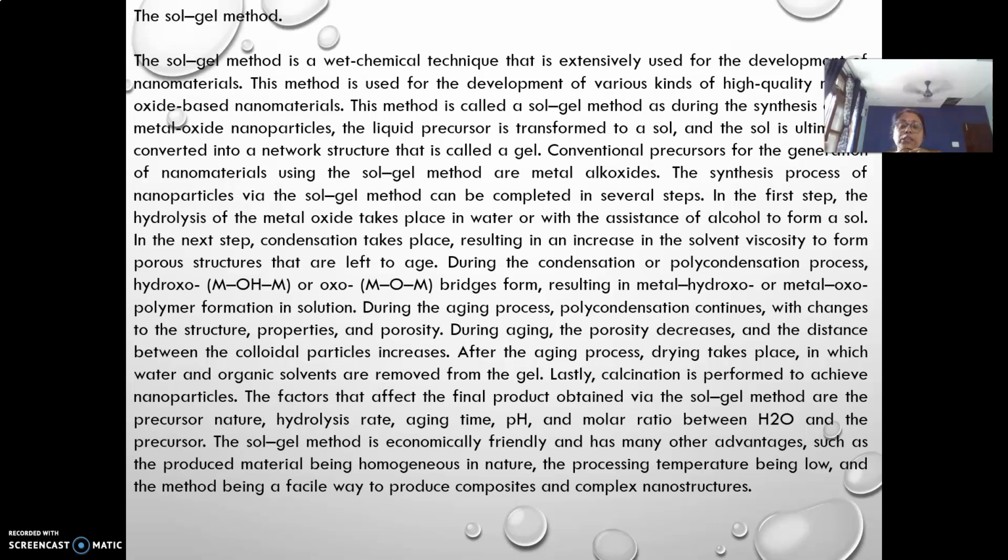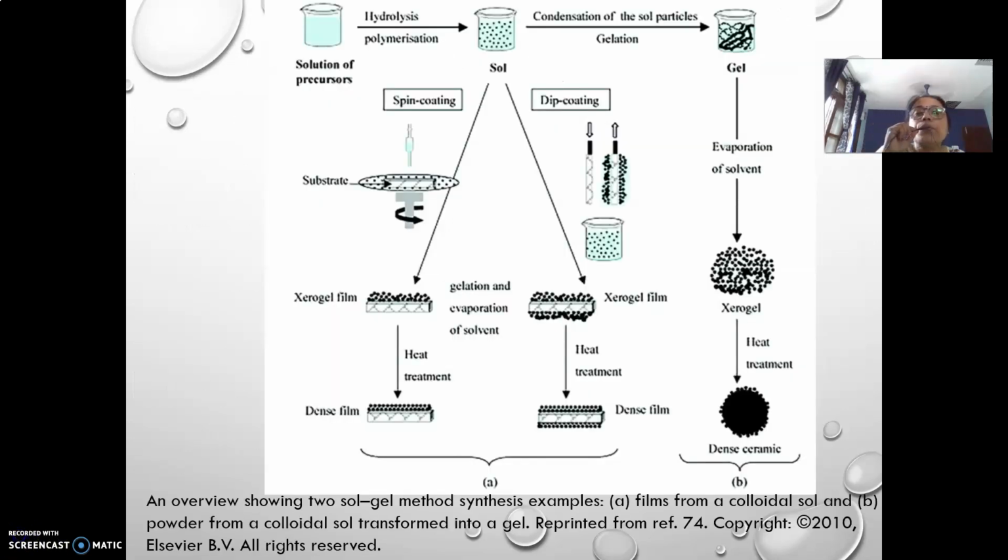And in the condensation, previously if you had metal sulfate, metal chloride, metal nitrate, any metal precursor, ultimately you will be having metal oxide bonds, metal oxide metal, MOM or MOHM, or you can say that we will be having metal hydroxo or metal oxopolymer.